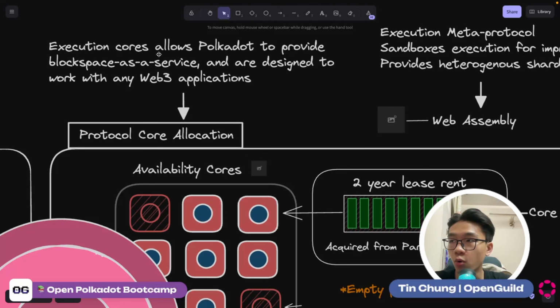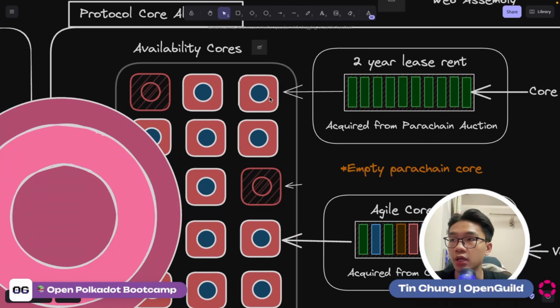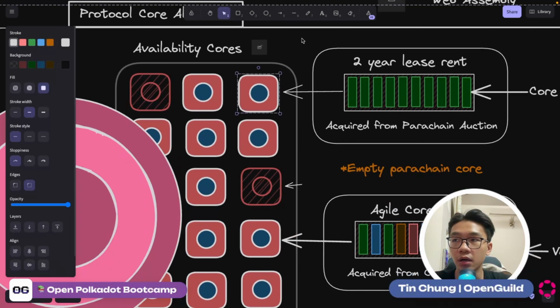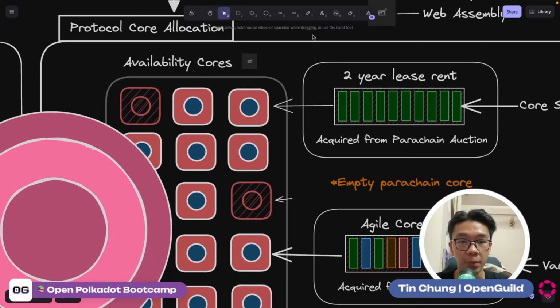And the execution core allows Polkadot to provide block space as a service and is designed to work with any Web2 applications. So you can imagine in our personal computer, we have like 64 or 32 cores, right? And whenever you run any application, the process of the application is gonna occupy a core to process the operations of the application.